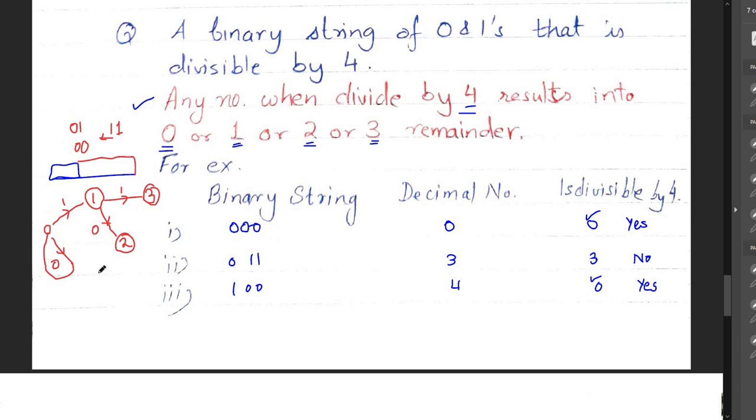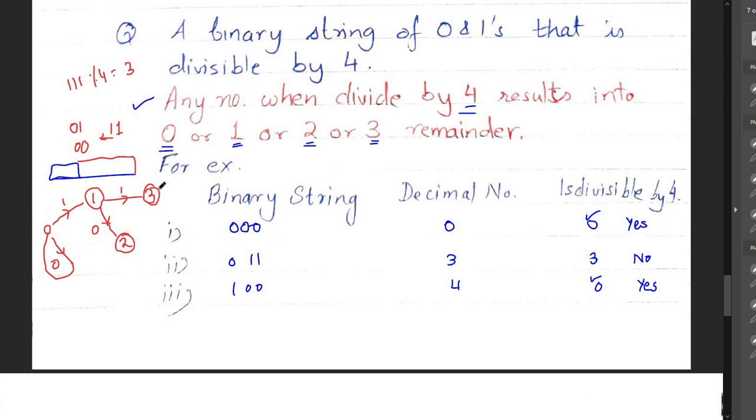Now again we can go ahead with the 3. So what will happen? The equivalent of 3 is 1, 1. And now if I append 1 over here, it becomes 7. So 7 modulo 4 is 3.